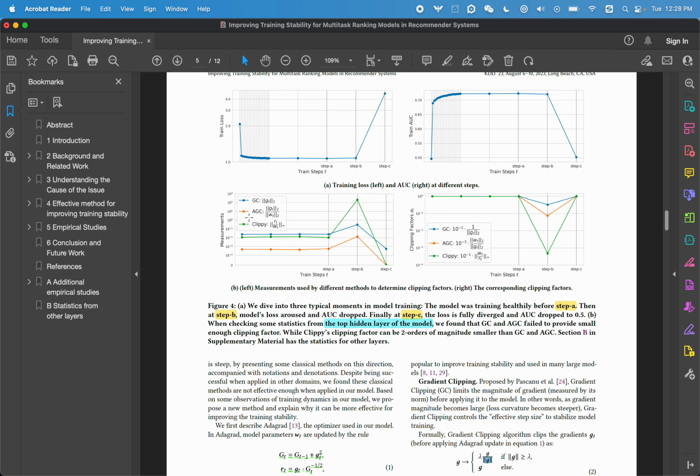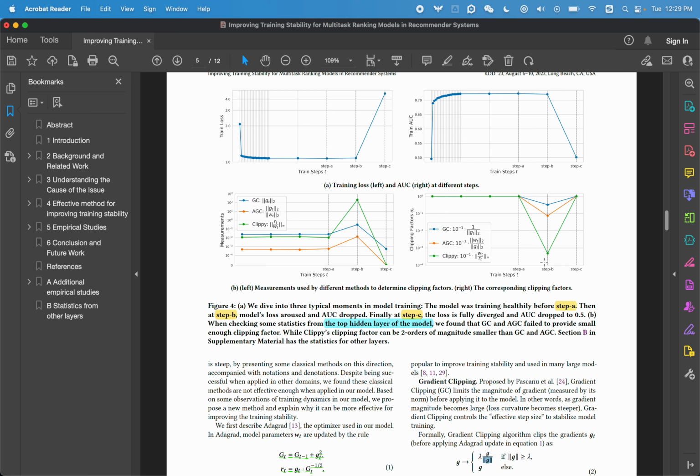We want this to be pretty sensitive, so we can discover as soon as possible when we need to do the clipping, because at step C everything is lost, we don't have the model anymore. And when the loss divergence happens, we want this scale down factor to scale down as much as possible. So this is a very small number.